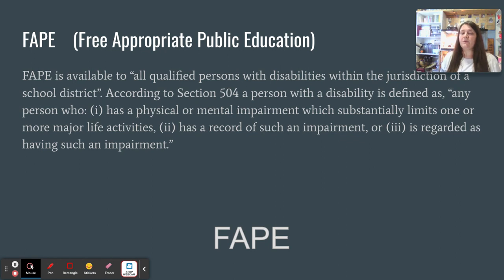So that would be the inclusion, being in the gen ed setting, the least restrictive environment. When they're not in that setting, they would be in their special education program. For example, we have our 1211 in my district, and they would get their tier 3 instruction there. That tier 3 instruction helps to keep them on track with their peers in the gen ed setting so that they don't fall behind.